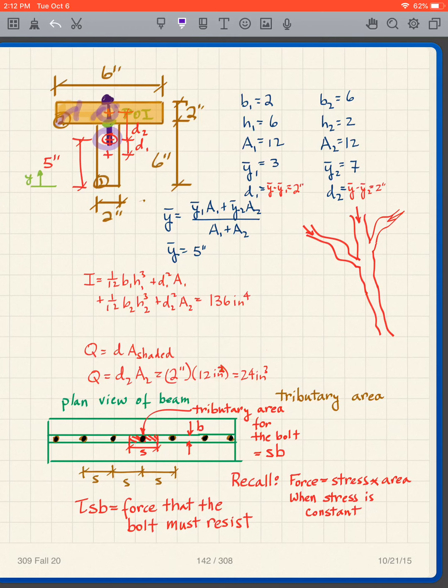That shaded area actually is A2, by coincidence to a certain extent. So my D for my Q calculation is D2, which is 2 inches. In other words, this distance here is 2 inches.